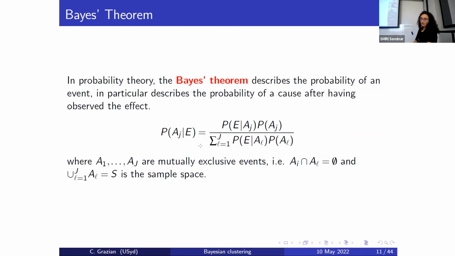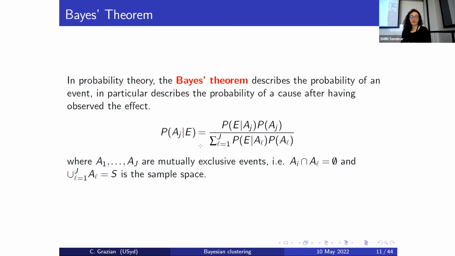I'm going to perform clustering in a Bayesian way. Bayesian analysis is based on the Bayes theorem, which is one of the main results in probability. The Bayes theorem, in the way that it was first defined, is a probabilistic result for events.